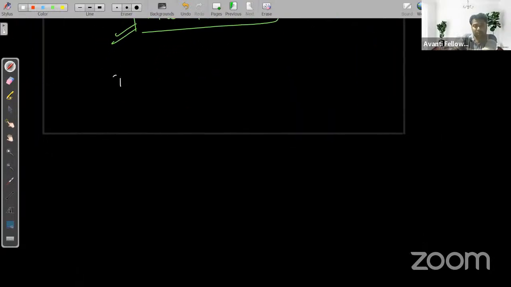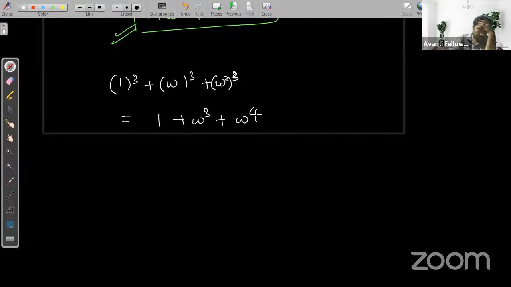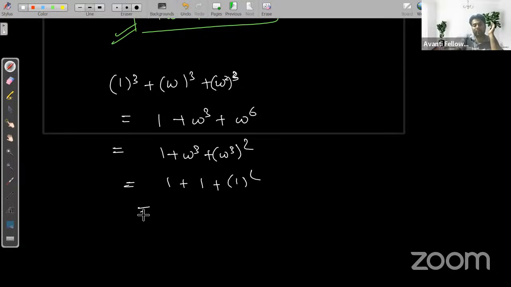If we take 1 to the power q plus omega to the power q plus omega square to the power q, with q a multiple of 3, this becomes 1 plus omega cube plus omega cube to the power 2, which is 1 plus 1 plus 1, that is also 3.